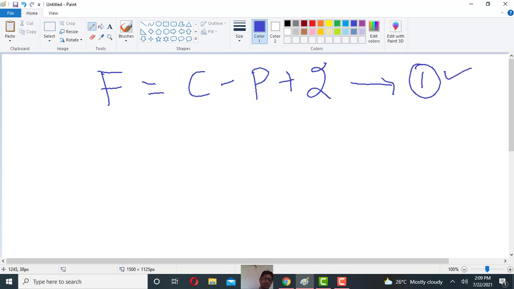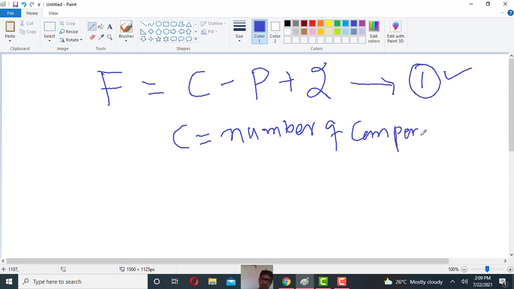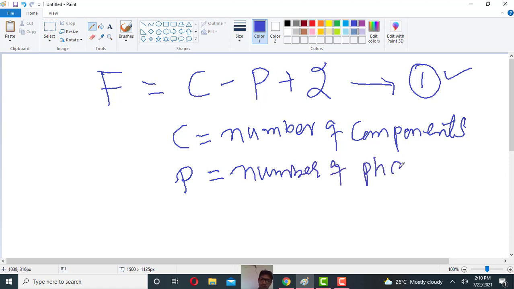In this equation, C is the number of components present in this system, P is the number of phases present in the system, and F is the number of independent variables, or the degree of freedom.